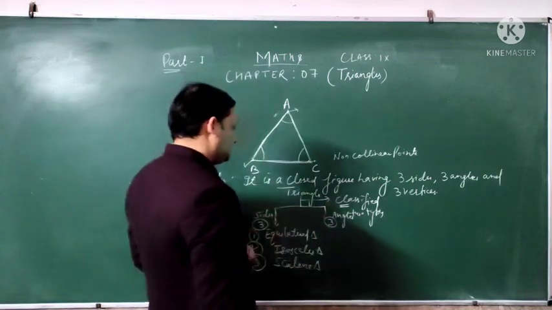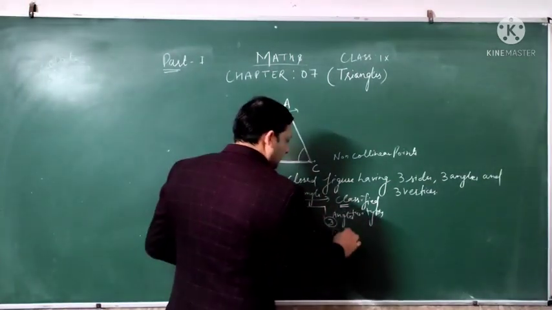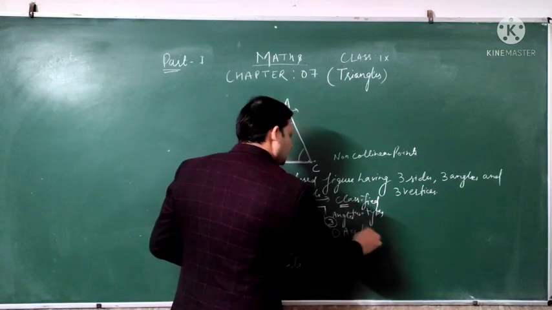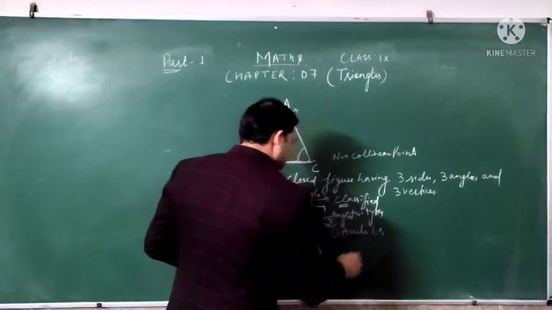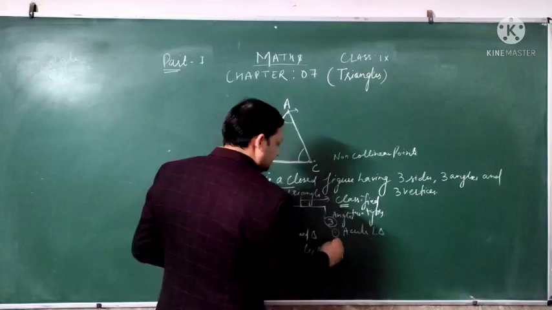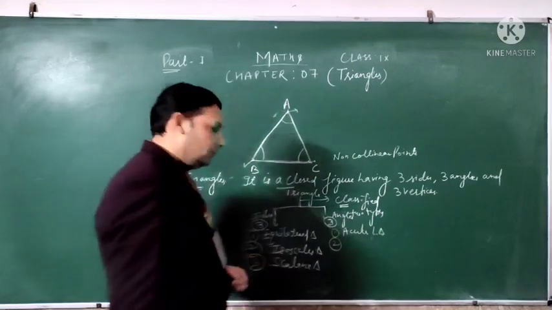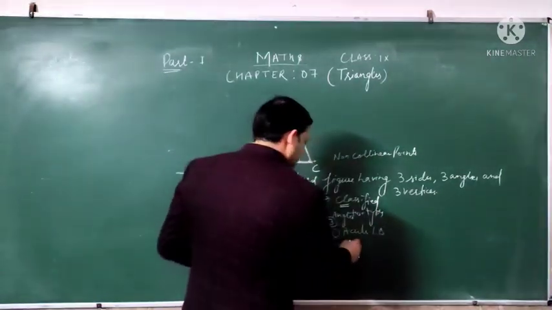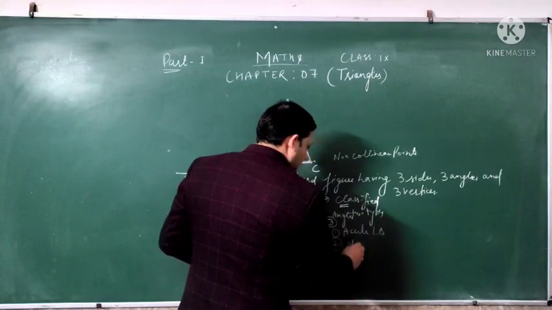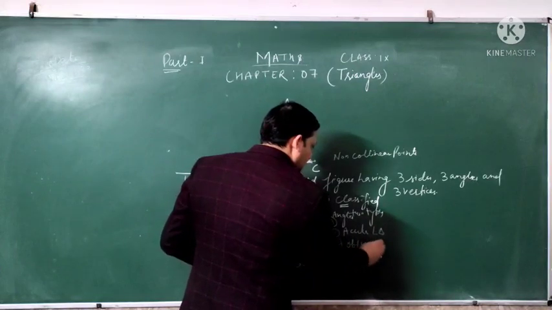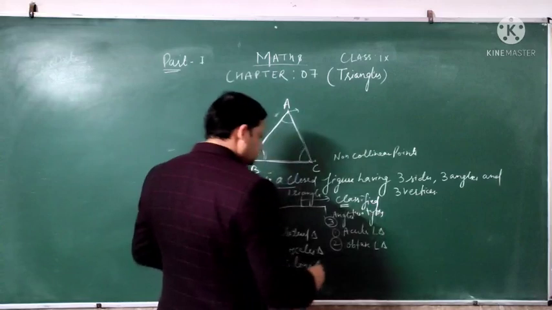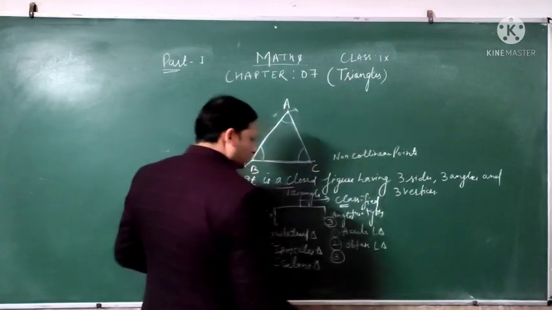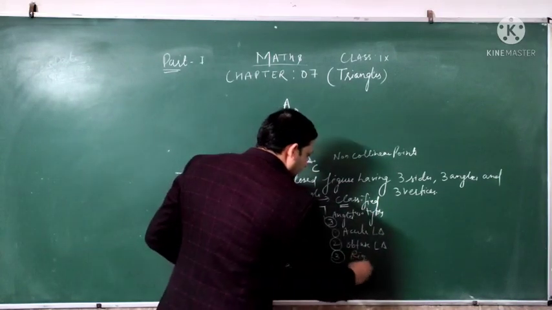When we talk about angles, there is the acute angle triangle. This is called the angle symbol. Acute angle triangle, obtuse angle triangle, right angle triangle.